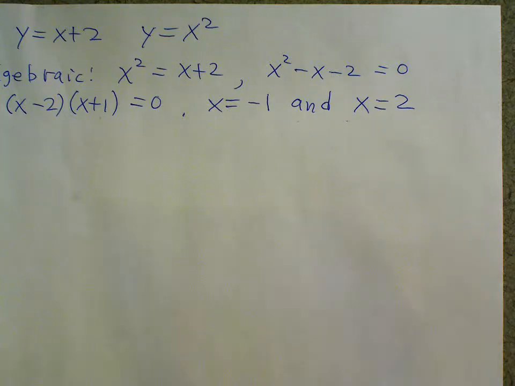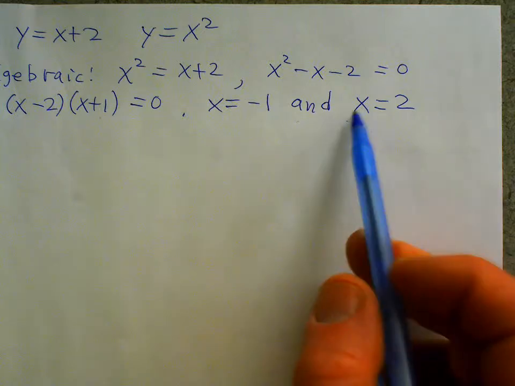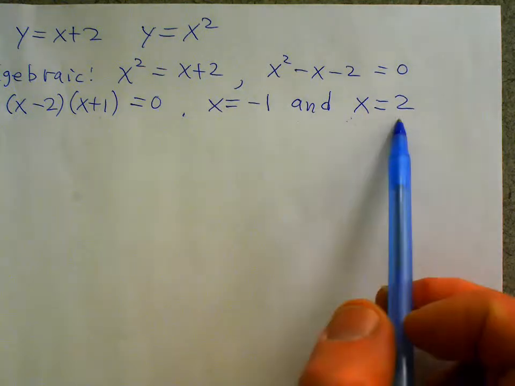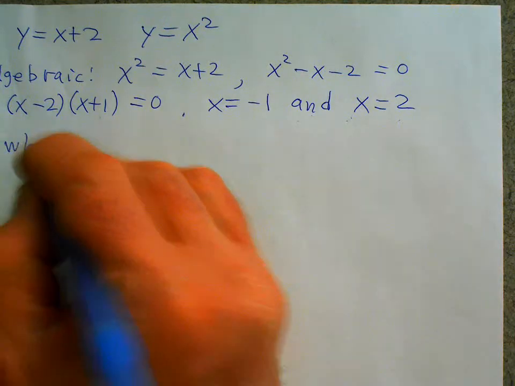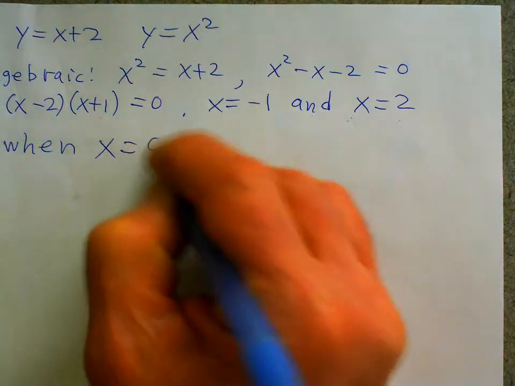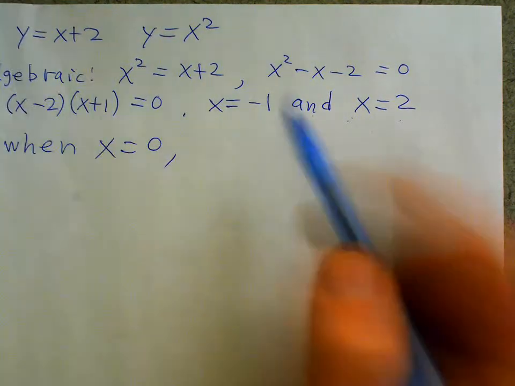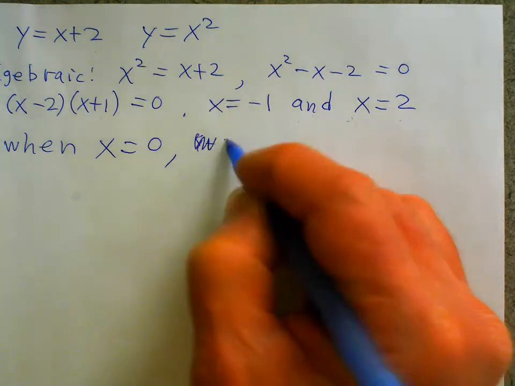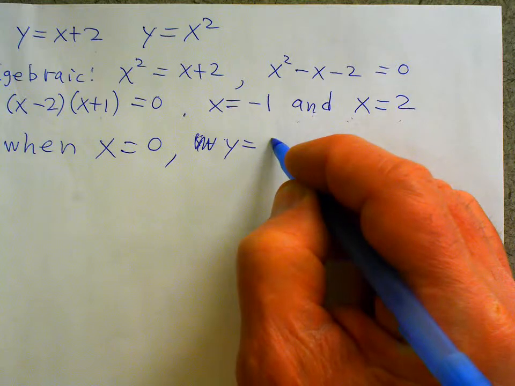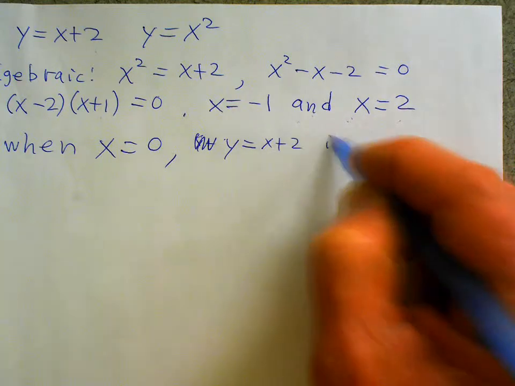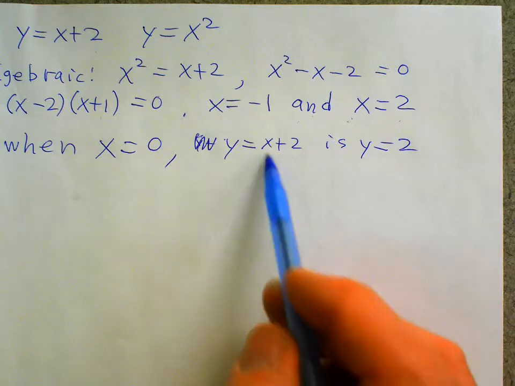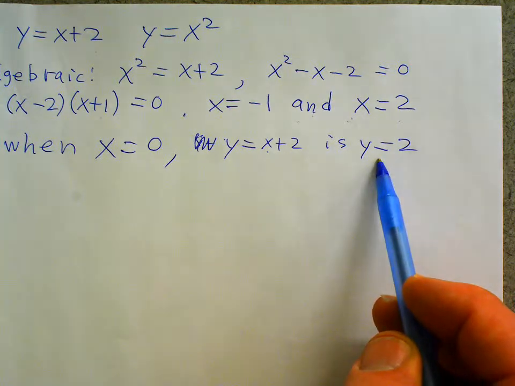You can probably visualize the graphs in your head, but what you can do in the algebraic approach is pick a number between -1 and 2, like 0. When x equals 0, y equals x plus 2 gives y equals 2. When I replace x with 0, I get y equals 2.